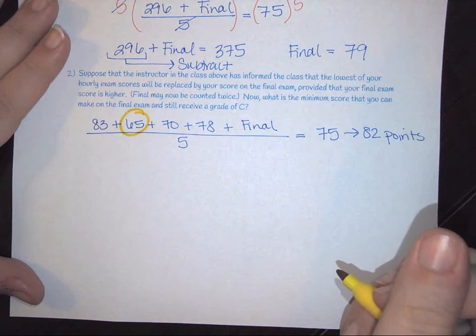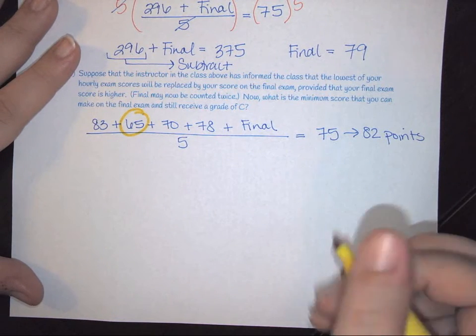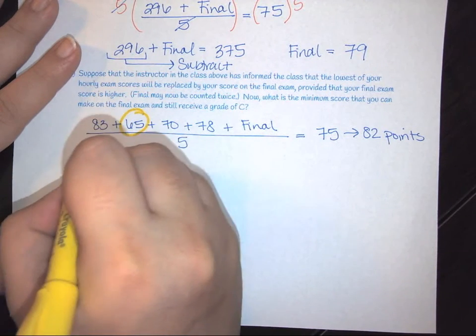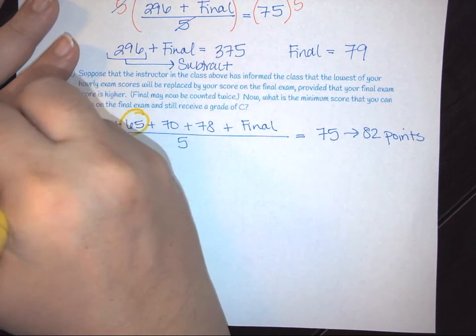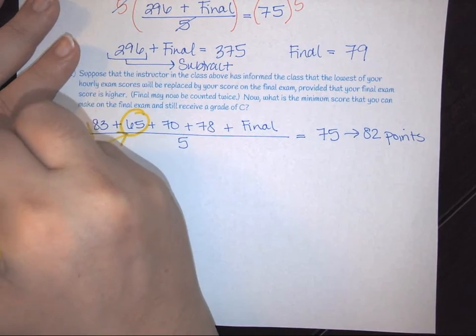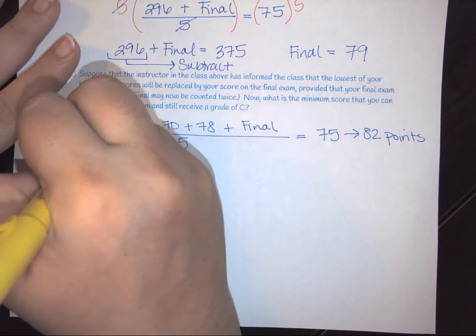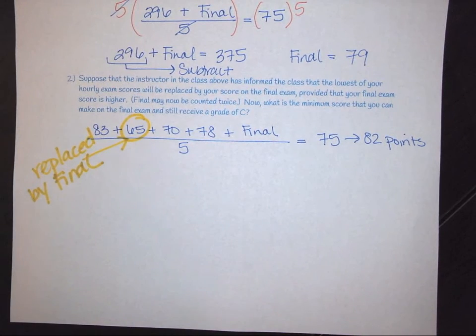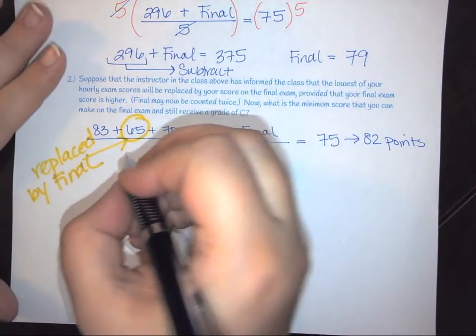65 is my lowest. Because it's the lowest, that tells me that this one is going to be replaced by the final. Since it's replaced, it means we have to rewrite our problem.